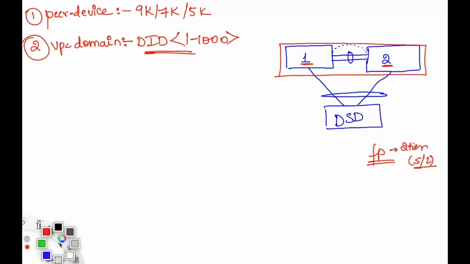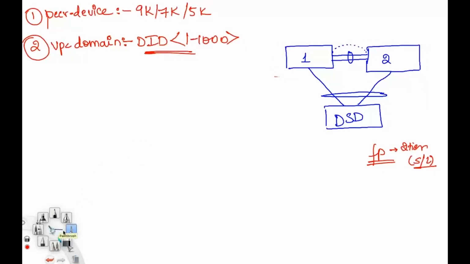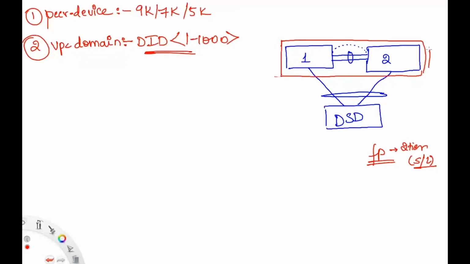Also, talking about the peer device. Over here, I have configured peer device 1 and peer device 2 for VPC. These two devices are in a VPC domain. Can I have a third device with the same set of connections over here and configure VPC like this?